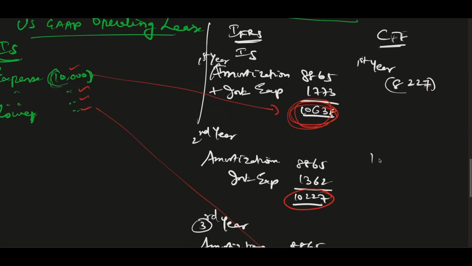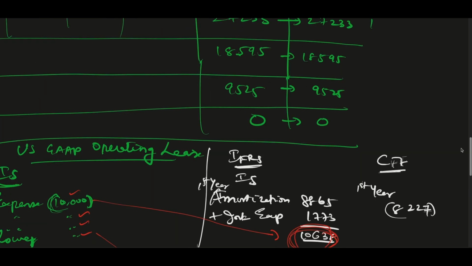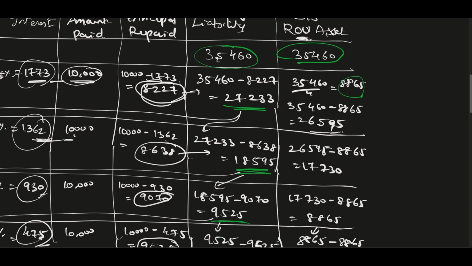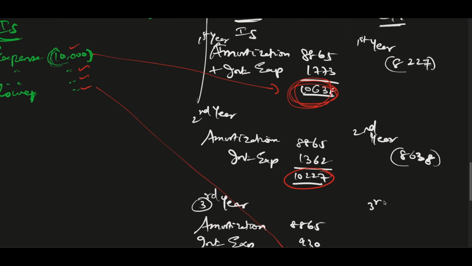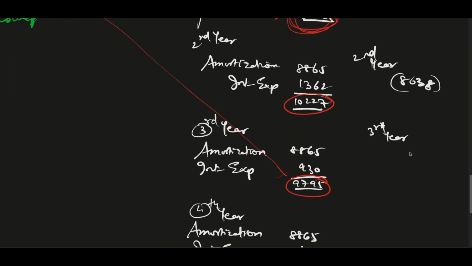For the second year it will be 8638, and the third year 9070.